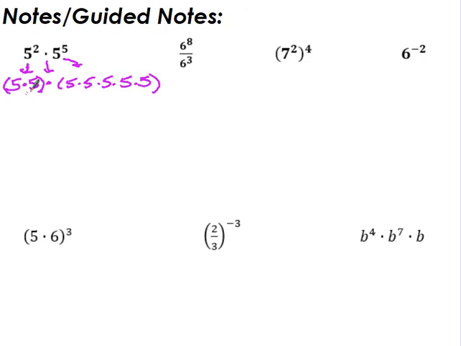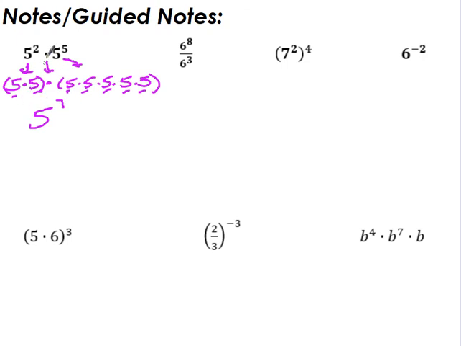So I have 5 squared, two 5s, multiplied by 5 to the 5th power. So really what I have is 5 times 5 times 5 times 5 times 5 times 5 times 5. I have 1, 2, 3, 4, 5, 6, 7 5s. Which means if I'm multiplying seven 5s together, that's really just 5 to the 7th power.